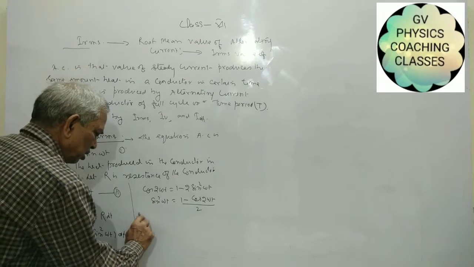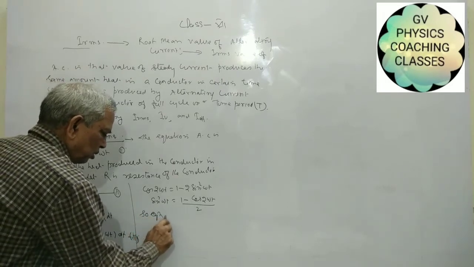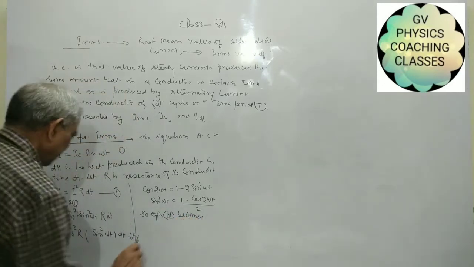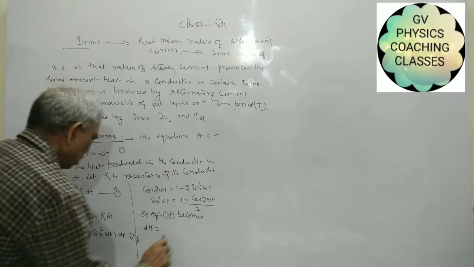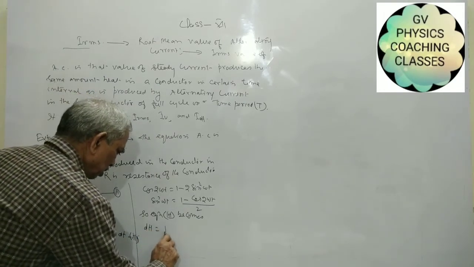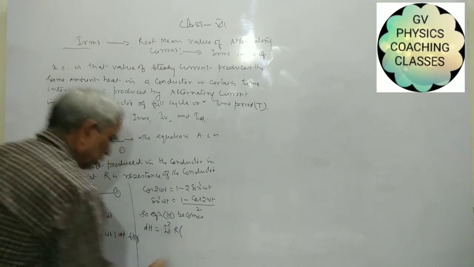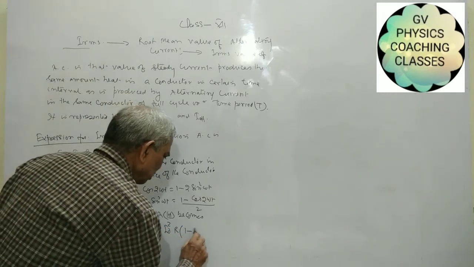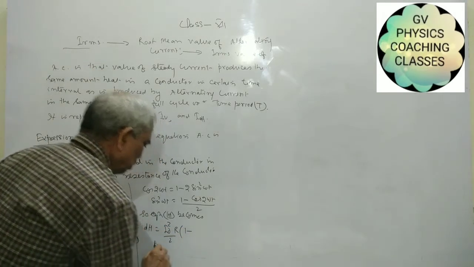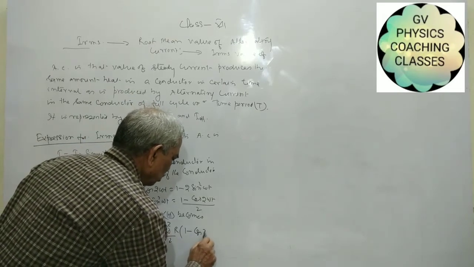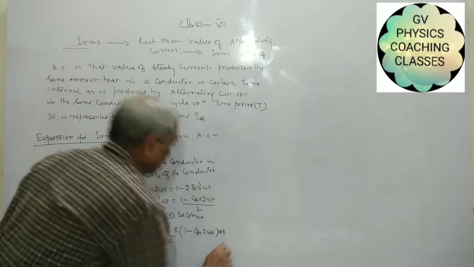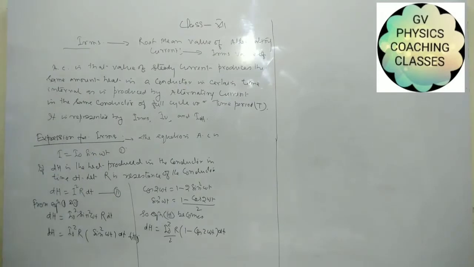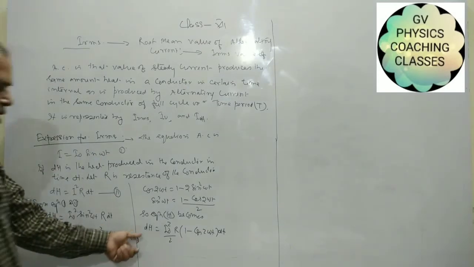becomes dH equal to I naught square R into 1 minus cos 2 omega t upon 2, that is, take 2 out, into dt. On integration, we get the heat for the full cycle.